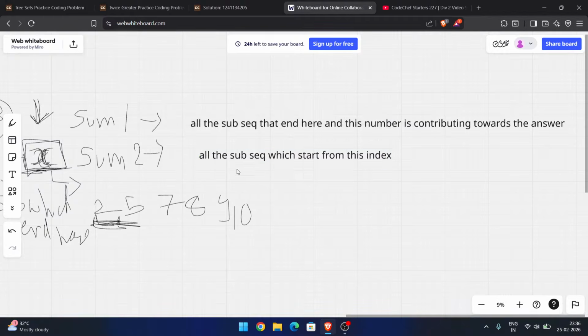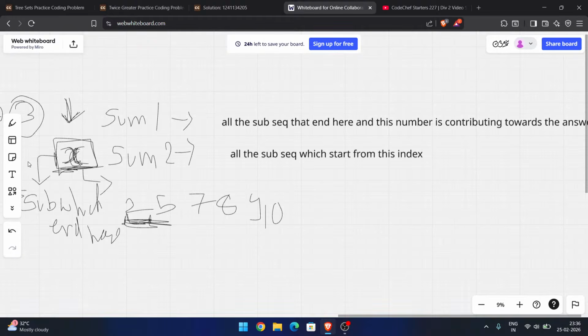So if I know these two answers, all the subsequences that end at this index, and all the subsequences which start from this index, then I can easily find the answer. The answer would be simply the summation of these two for a given index. This is for the ith index.